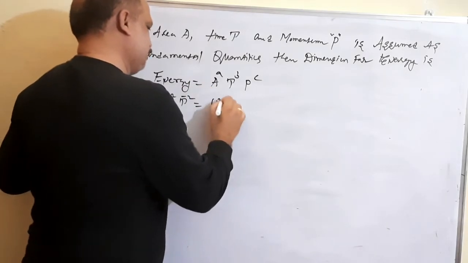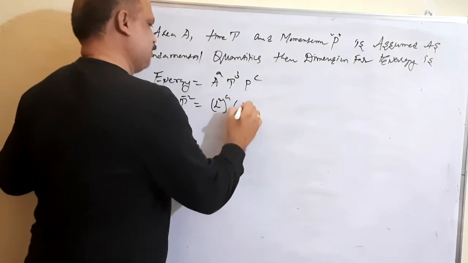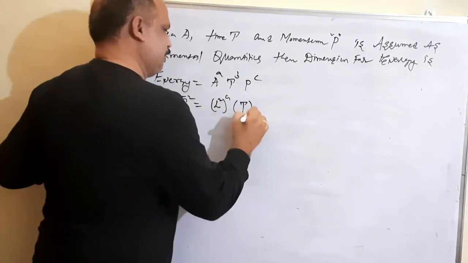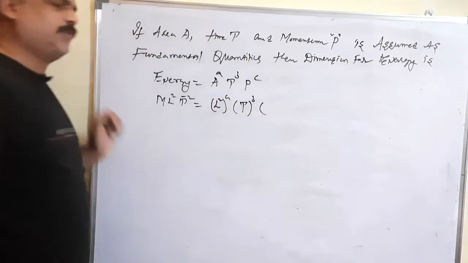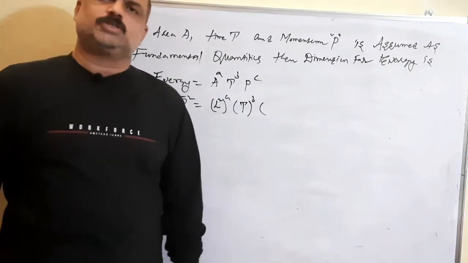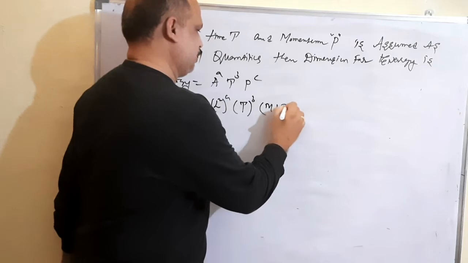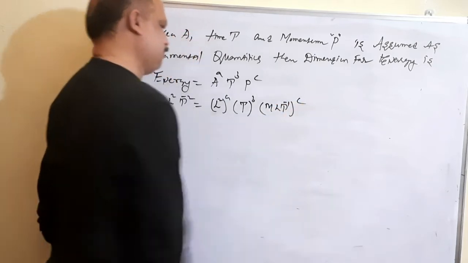What is the dimensional formula for area? L square, whole power a. This is the time, t to the power of b. What is the dimensional formula for momentum? Momentum is equal to mass into velocity, that is M L T power minus 1, whole power c.